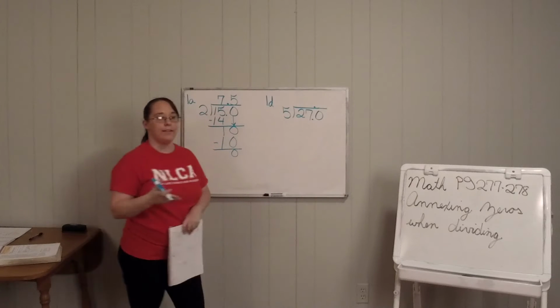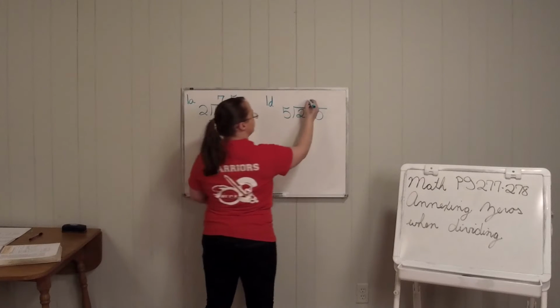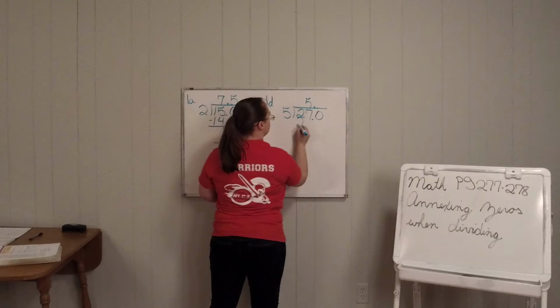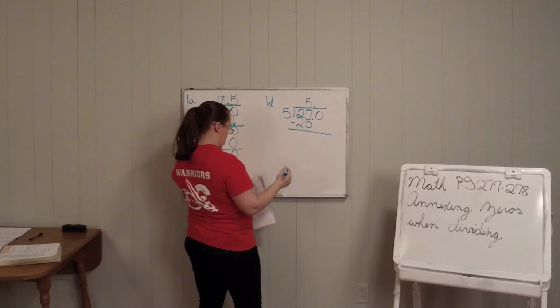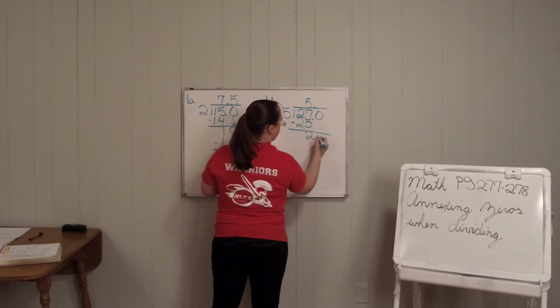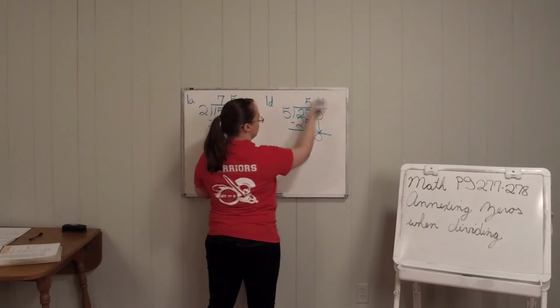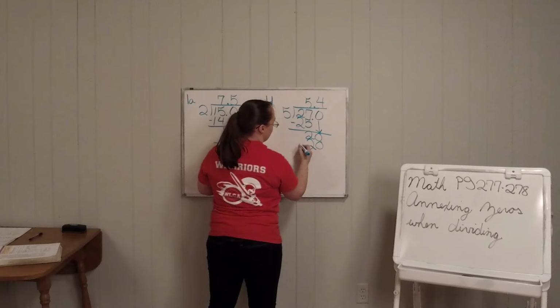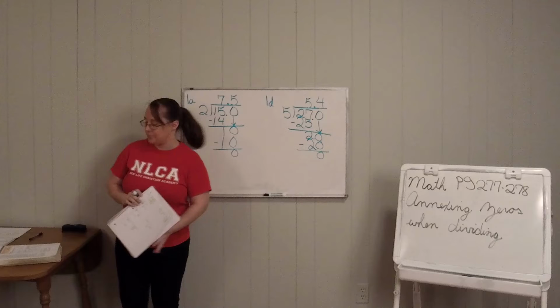Now you can divide. What's the closest number it's going to go into? 5. 7 minus 5 is 2. Bring down your 0. 4 times 5 is 20. And you're left with no remainder.